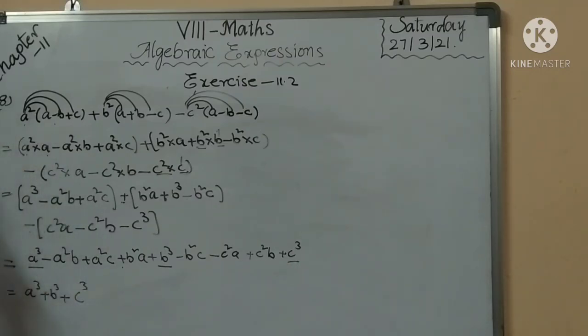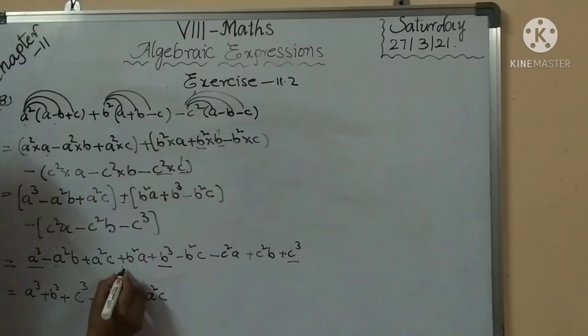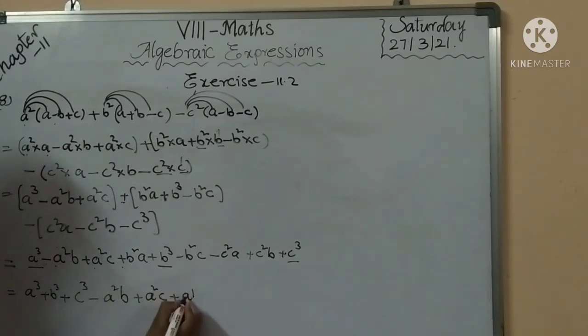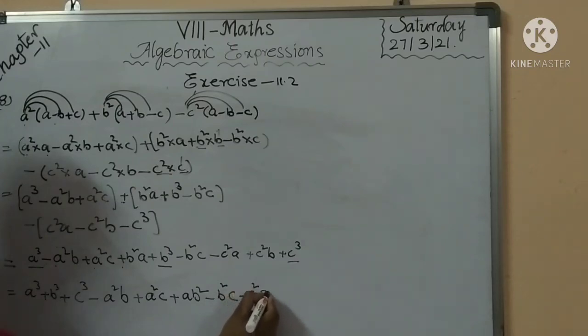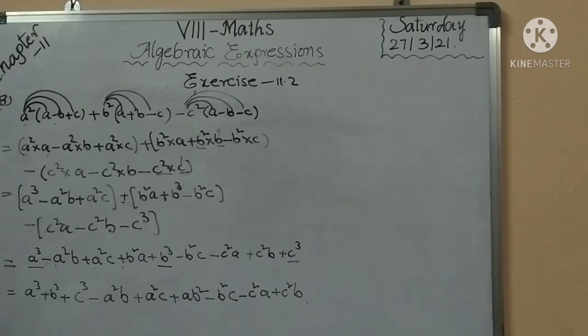First we should write here positive a cube plus b cube plus c cube. Next here a square b, any term is there? a square b minus a square b, no one is there. So minus a square b plus a square c, plus a square c, plus b square a or ab square, minus b square c, minus c square a plus c square b. Okay, understood this one?